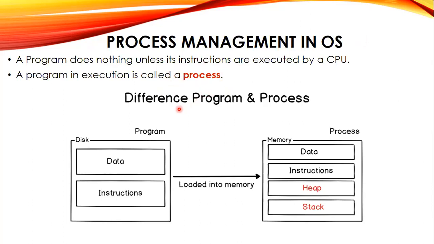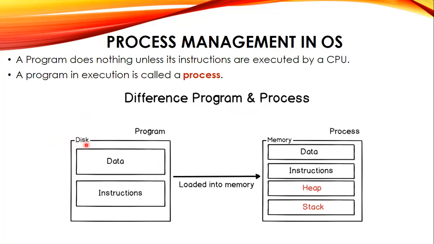Okay. So I am putting in some images to be more informative for you, like this one, which explains the difference between a program and a process. So the program, as you see, is on disk.